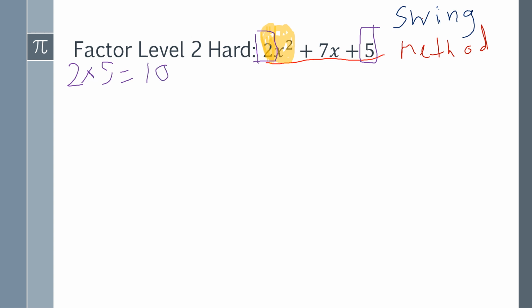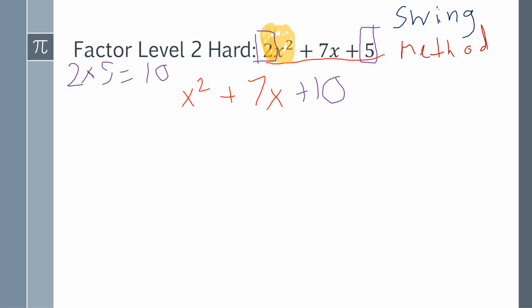Step 2, rewrite. So you're going to rewrite the expression, but you're going to add step 1 to the back. Now the rest of the steps, you're going to do exactly as you did previously.